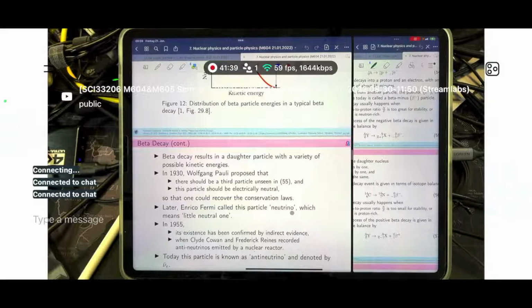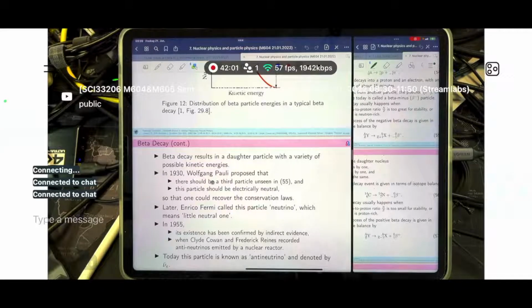It's an Italian word. Neutrino comes from the Latin root for neutral, it has no charge, and in Italian it means a little neutral one. A particle that is neutral and little, very small compared to the electron. Okay, that's the first idea.